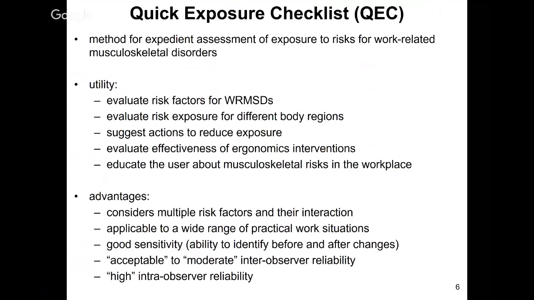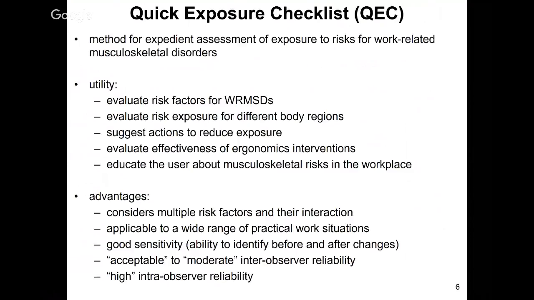Inter-observer reliability would mean if Amy and Brittany both use this tool to assess a task, then with good reliability, their scores would be identical or very close to the same.